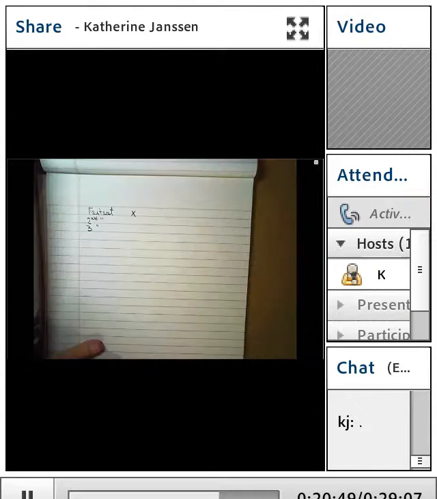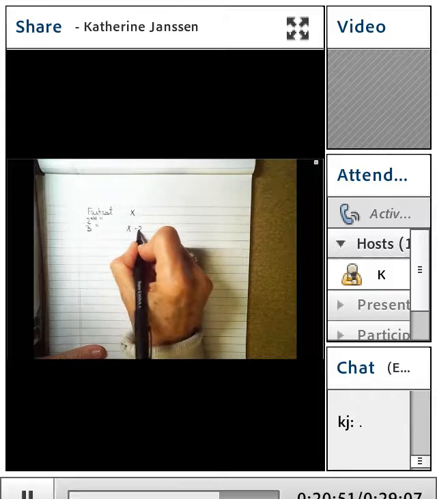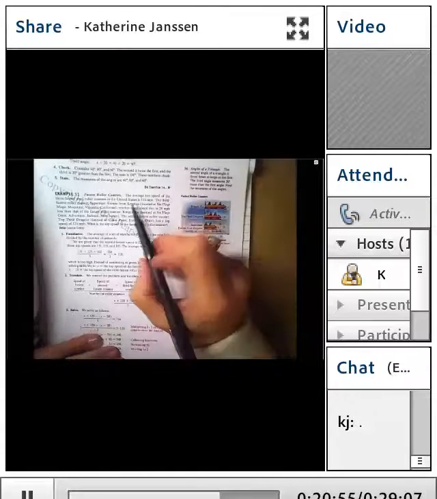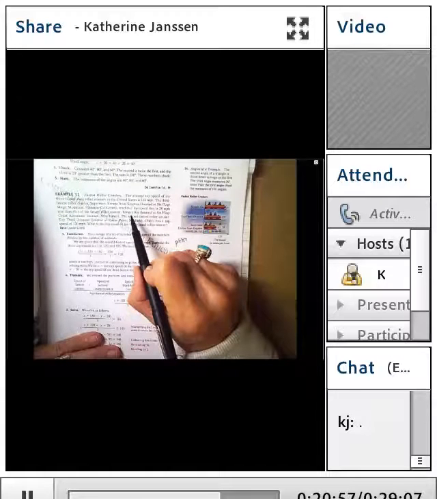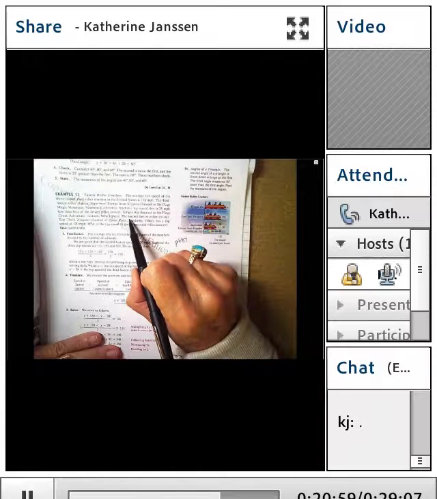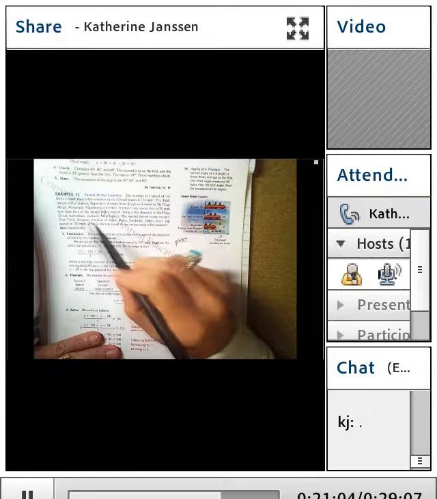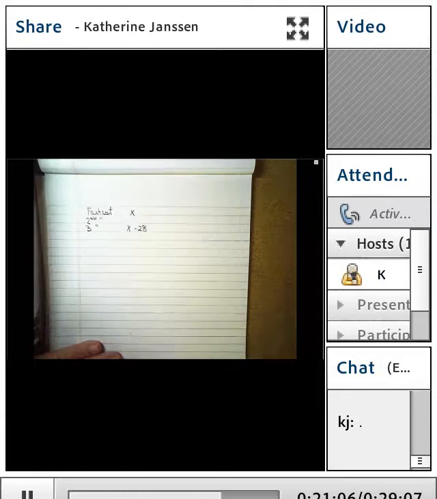So that'd be x minus 28. The 2nd fastest roller coaster has a top speed of 120 miles per hour. So that's constant, 120 miles per hour.